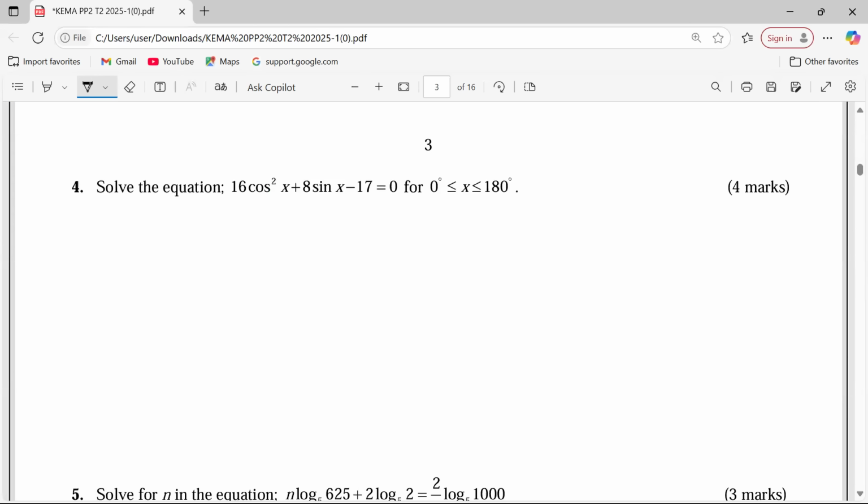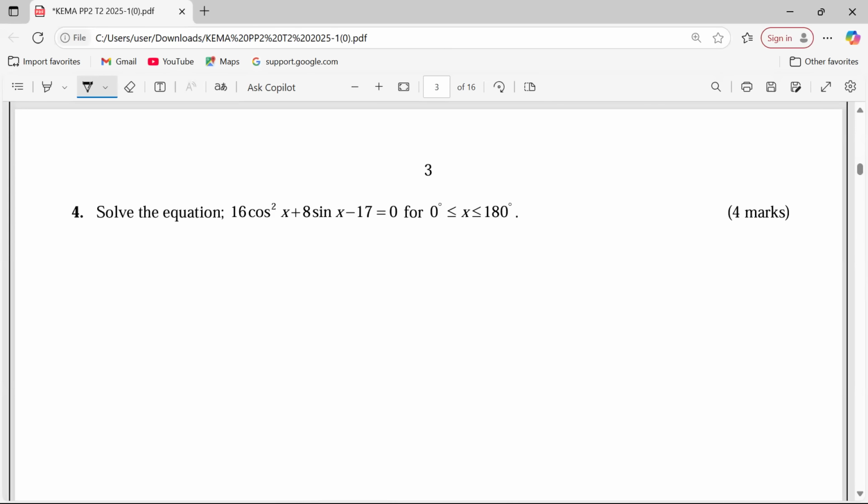Now with this, we need to realize that there is a trigonometric identity that says whenever we have the sine squared of an angle theta plus the cosine squared of the same angle, we get 1. From this understanding, cosine squared of theta can also be expressed as 1 minus the sine squared of theta.